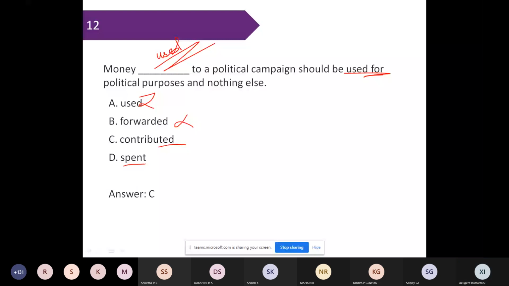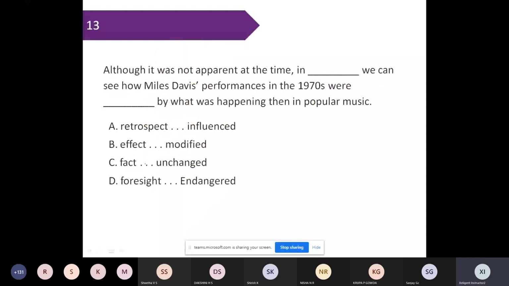13th question. Although it was not apparent at the time in blank, we can see how Miles Davis' performances in the 1970s were blank by what was happening then in popular music.